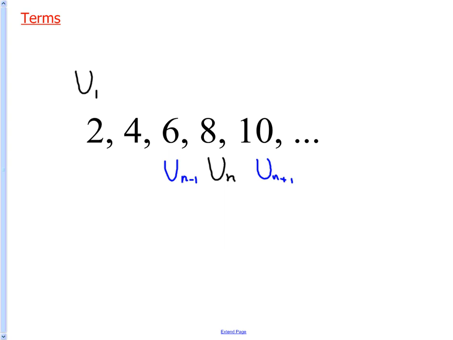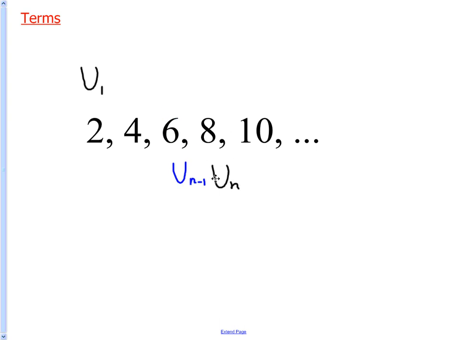What we're going to say is what we start with, u sub 1, it's the first term, and then we're going to say any random term is given by the term in front of it. The term in front of it, and then you do something to get the next term. So in this case, what do we do to get this 6 to turn into this 8? You add 2.